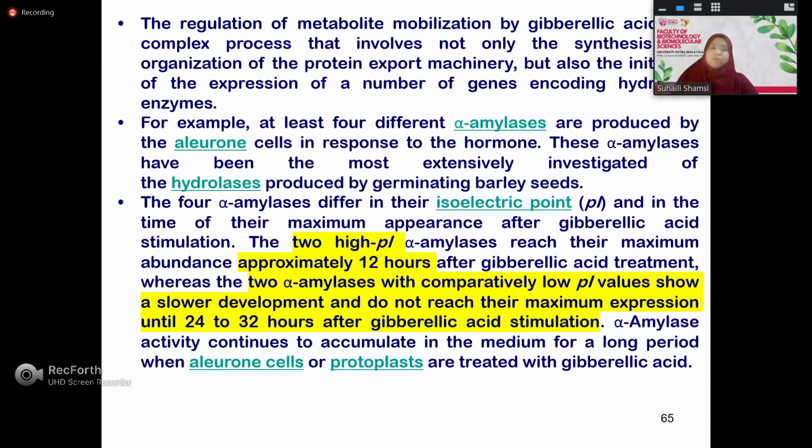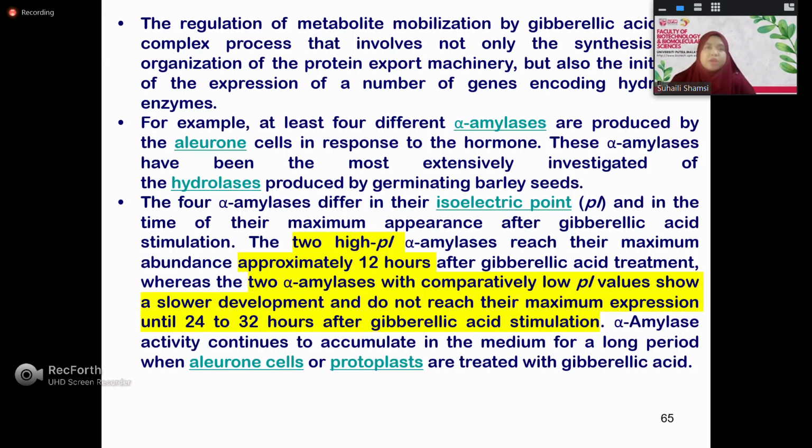So the regulation of metabolite mobilization by gibberellic acid is a complex process that involves not only the synthesis and organization of protein export machinery, but also the initiation of the expression of a number of genes encoding hydrolytic enzymes. So just now, we looked at gibberellic acid being produced by the coleoptile itself, and eventually it will go to the starchy part of the seed.